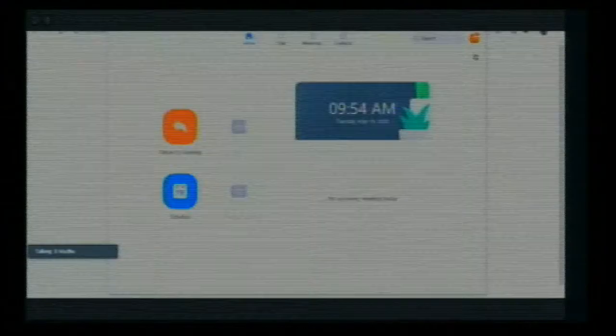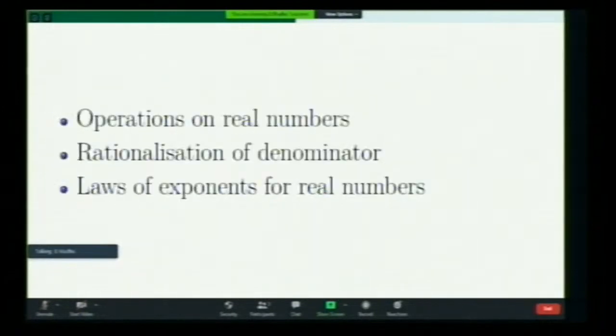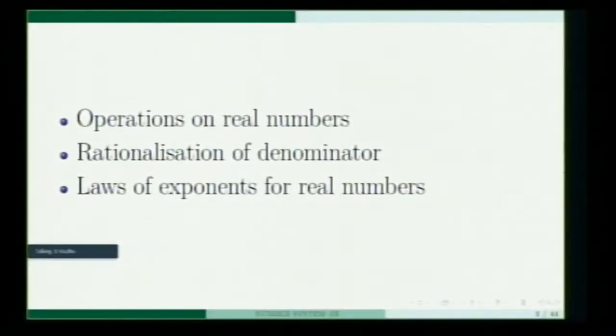What we are going to discuss today is, mainly, operations on real numbers. Second is a method called rationalization of the denominator. We want to rationalize the denominator, which is a very interesting method. Third is laws of exponents for real numbers, because students are already familiar with laws of exponents from class 8. Now we are going to extend those definitions.